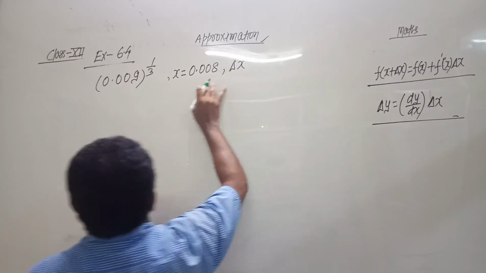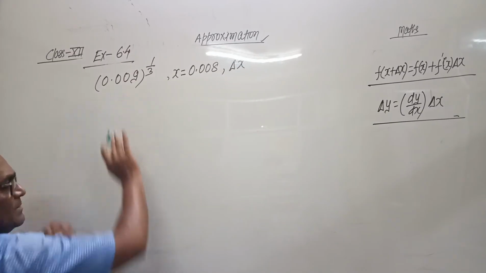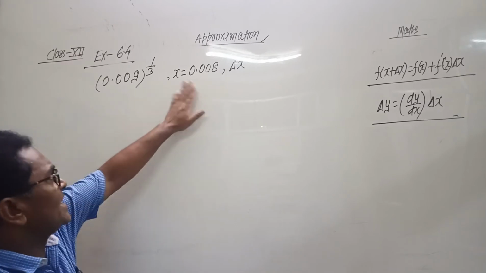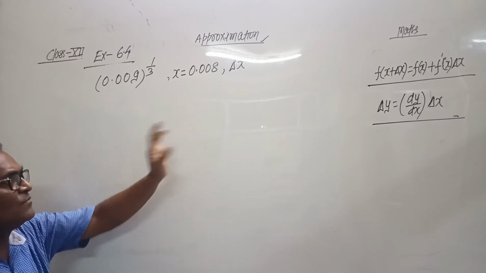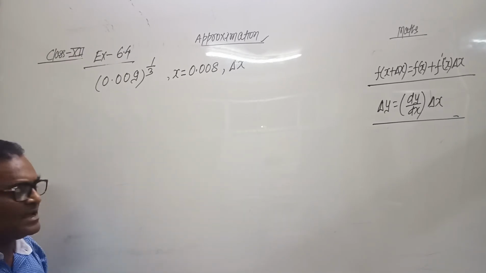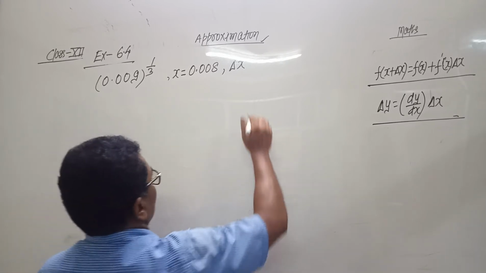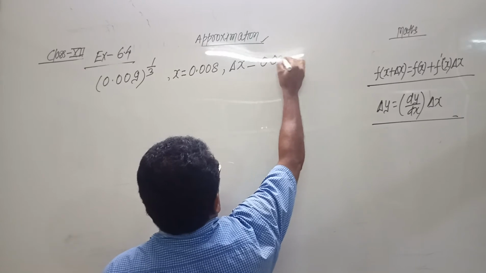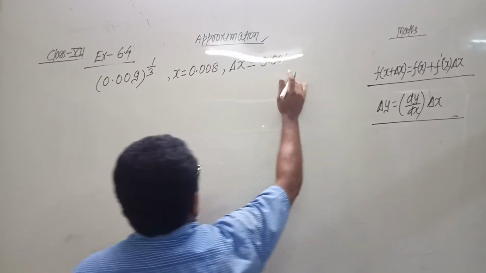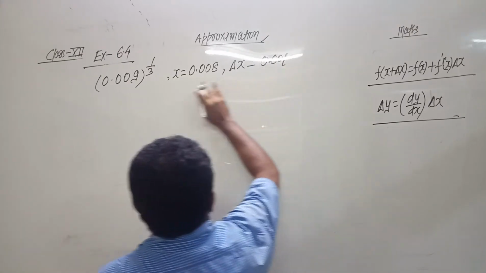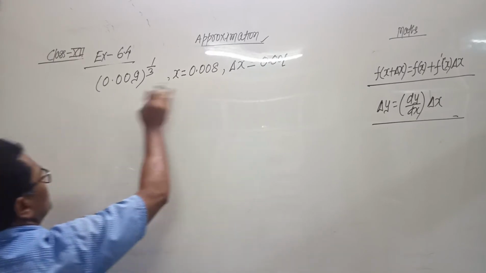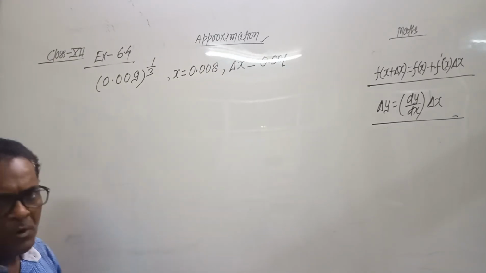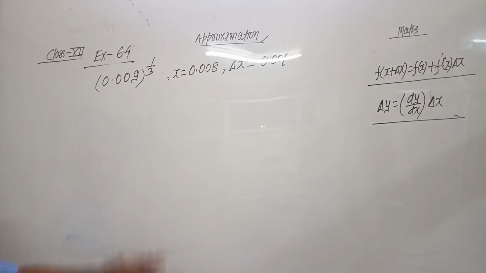Since x is less than 0.009, the given function, therefore the value of delta x will be positive, 0.001. How to find? We subtract 0.008 from 0.009, we get the value of delta x.